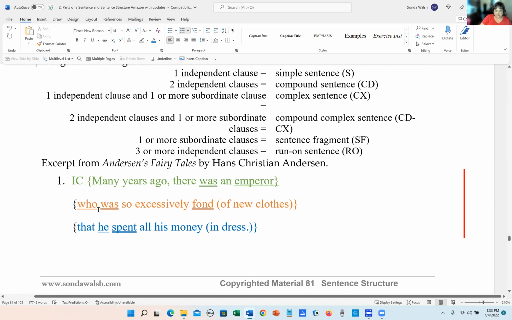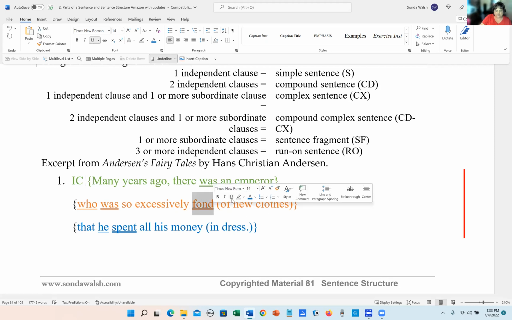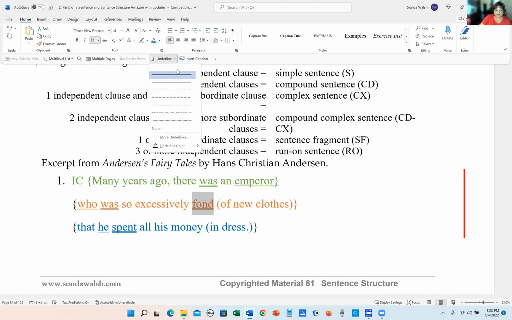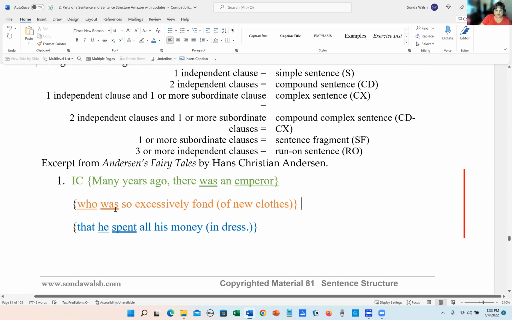The second one, who was so excessively fond of new clothes. Actually, fond is not a verb. I don't know what I was thinking. Fond is an adjective. I'm sorry. Was is our verb. So and excessively are adverbs modifying fond. Okay, so who is a relative pronoun.